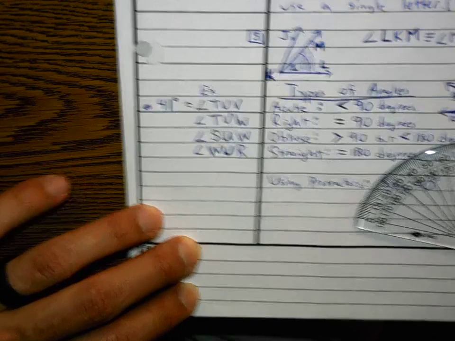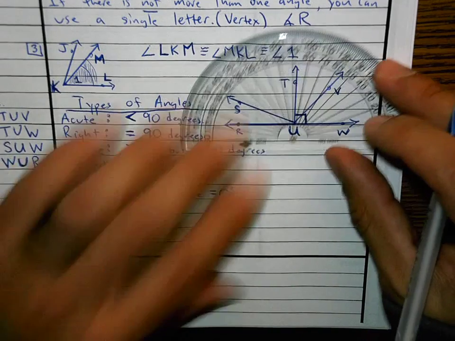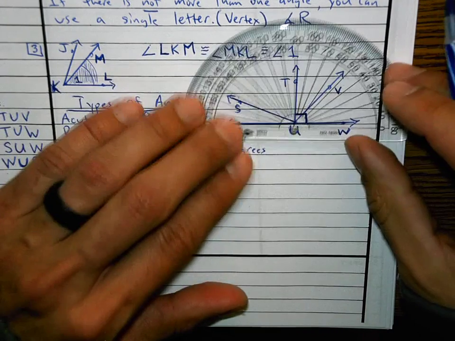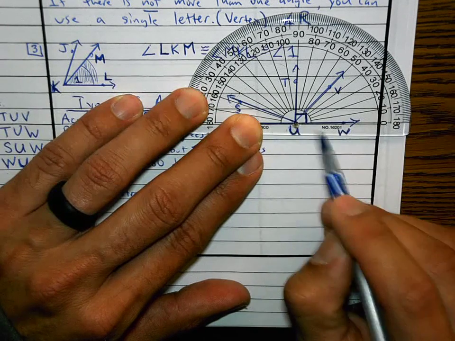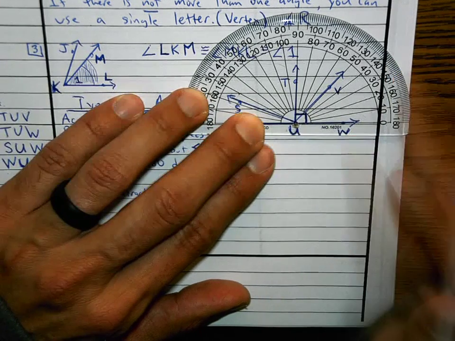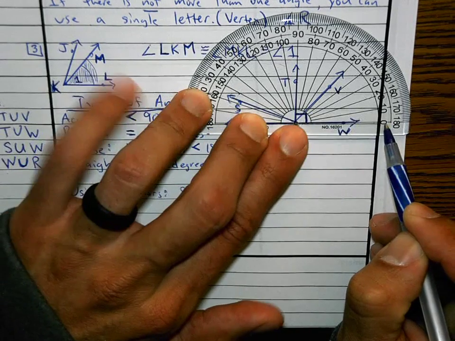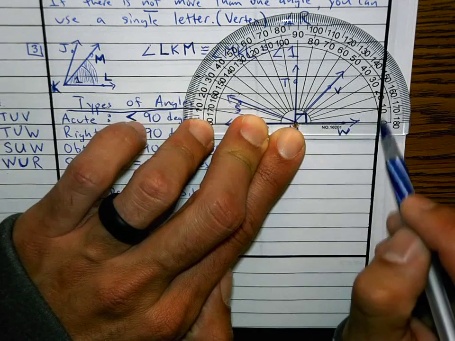So, for example, coming back here, I'm going to do angle SUW. I line up the vertex with U. I have the W and I'm on 0 degrees. So I know that if I'm going from W to S, I'm going 10, 20, 30, 40, 50, 60.